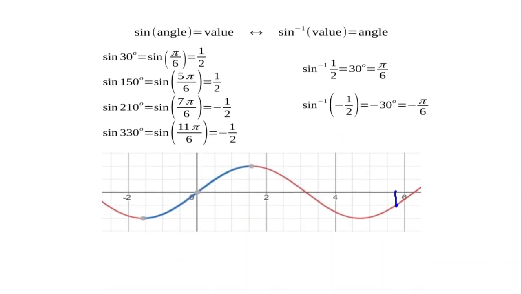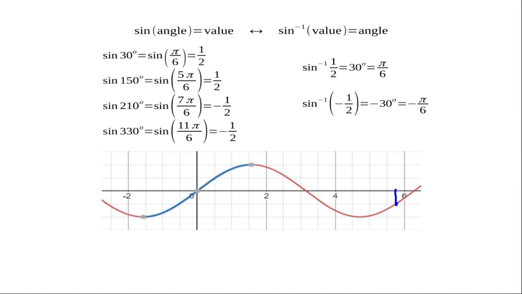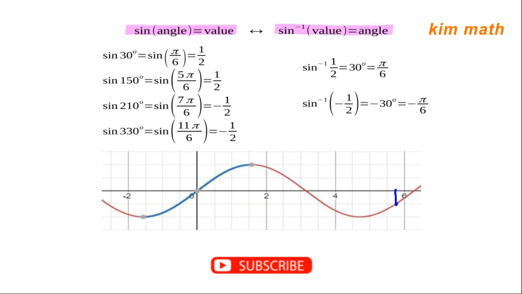Now look at this. In the sine function, the input value is the angle, right? Sometimes degree, sometimes radian, but anyway, the input is an angle. And the result is the value, right? But in arcsine, the inverse function, please note that the angle and value positions will be switched.